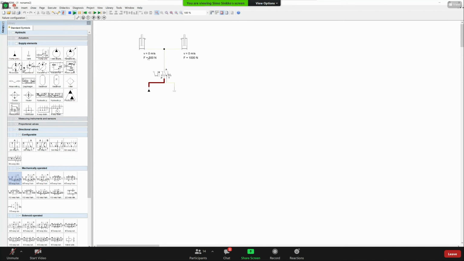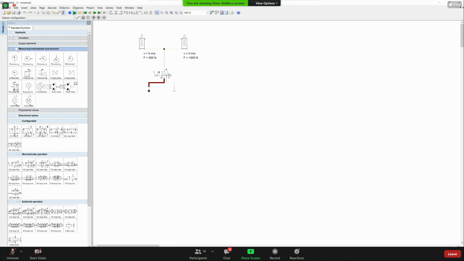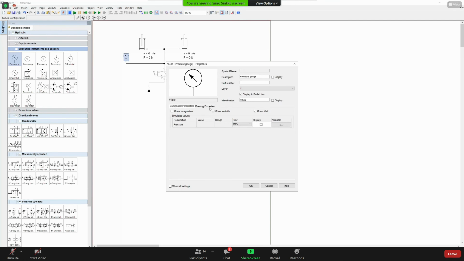But how about coming back? Well, coming back, I think they will come more or less at the same time, but if someone is faster, then it's this one, which has a bigger load. But let's put a pressure meter. I want to see bars.